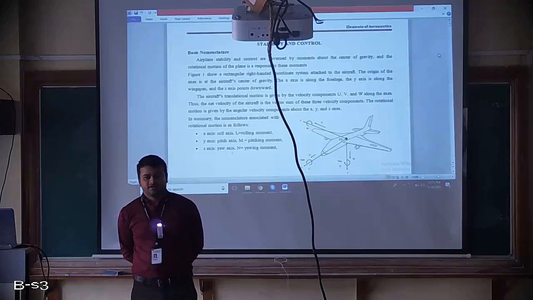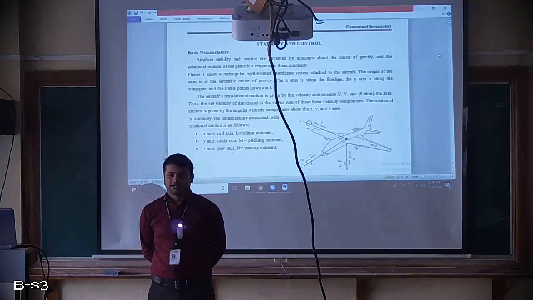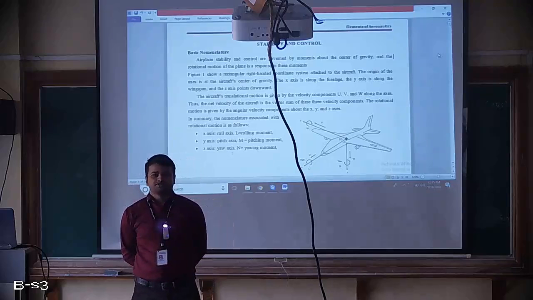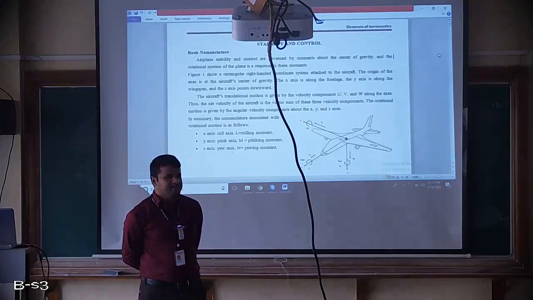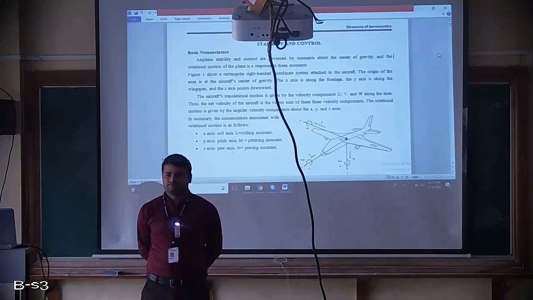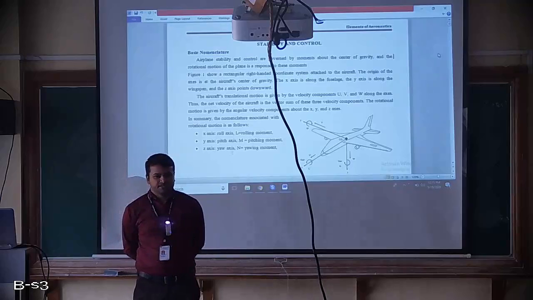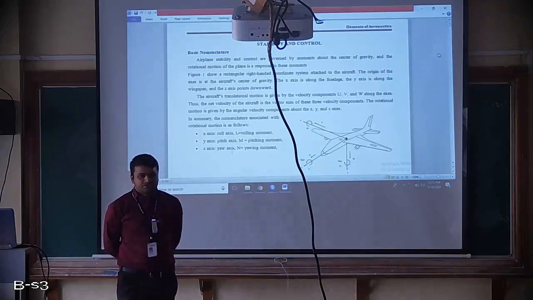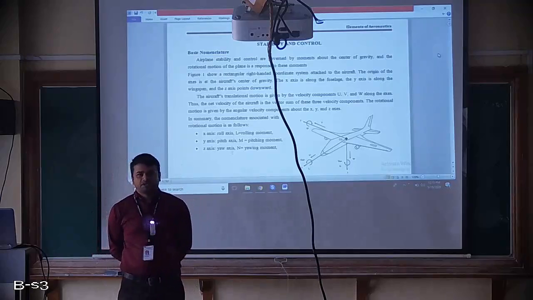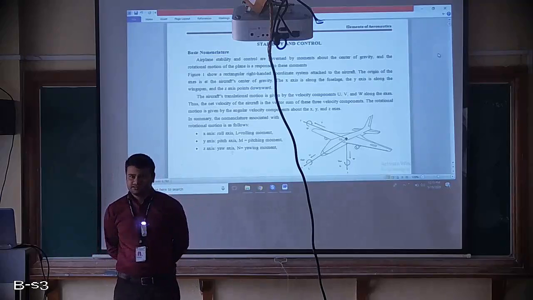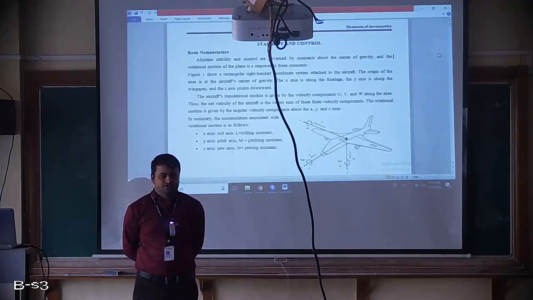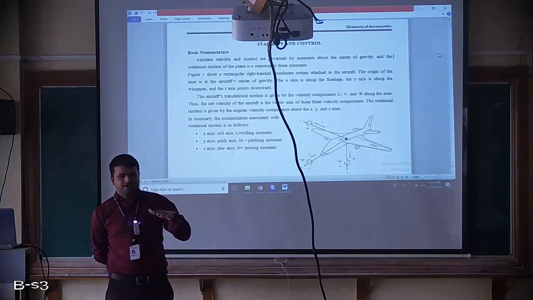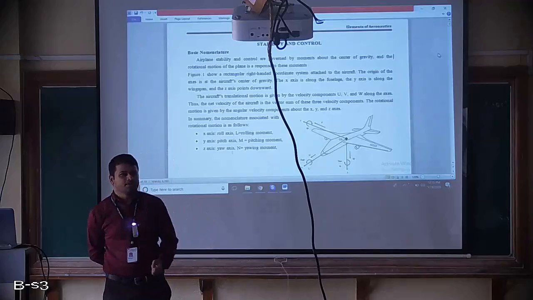The aircraft will collapse. So it's better to maintain stability in order to make the passenger comfortable inside, as well as to overcome the problems which will occur due to instability of the aircraft. So now we will see what this stability is and the rest of the topics one by one.